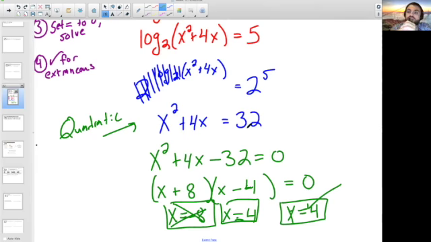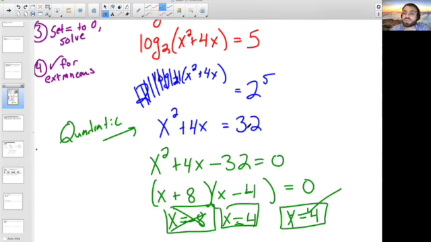Now, a key principle to ensuring the correct answer is you must eliminate any extraneous solutions. If you said -8 was a solution, you would not be getting full credit, because you're saying something is a solution that is not actually a solution. So you do need to eliminate extraneous solutions. Those are generally going to happen when you have 2 solutions.